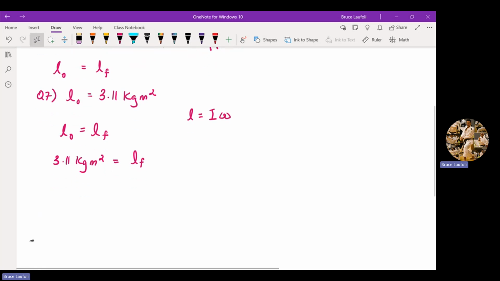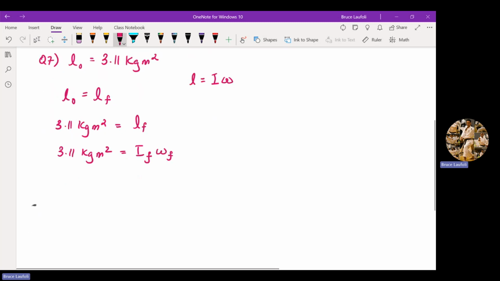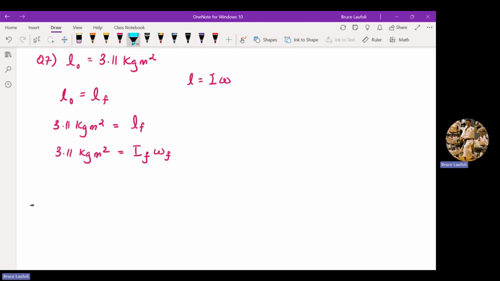In any case, we can say that 3.11 kg m squared per second should equal I final times W final. And that's what we want to calculate, this thing here.